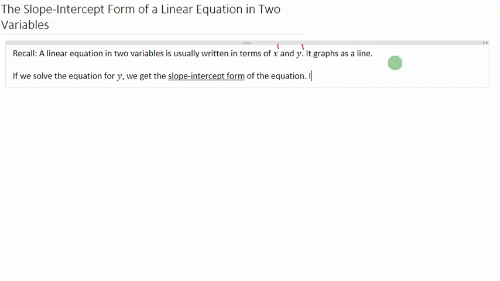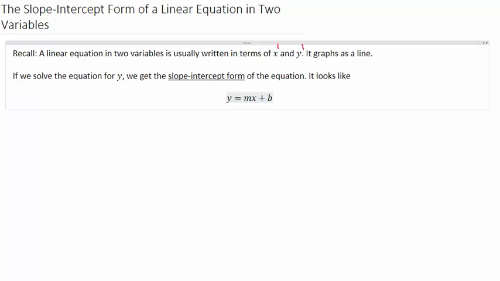And that looks like this. It looks like y equals mx plus b. That's the pretty standard way to write the slope-intercept form of a linear equation in two variables.